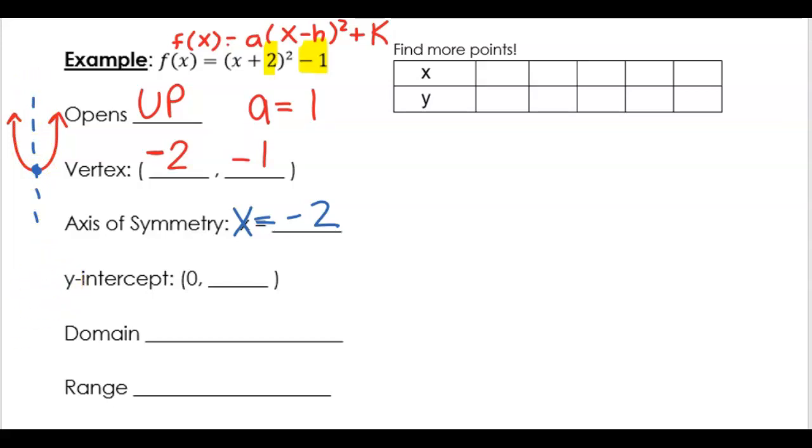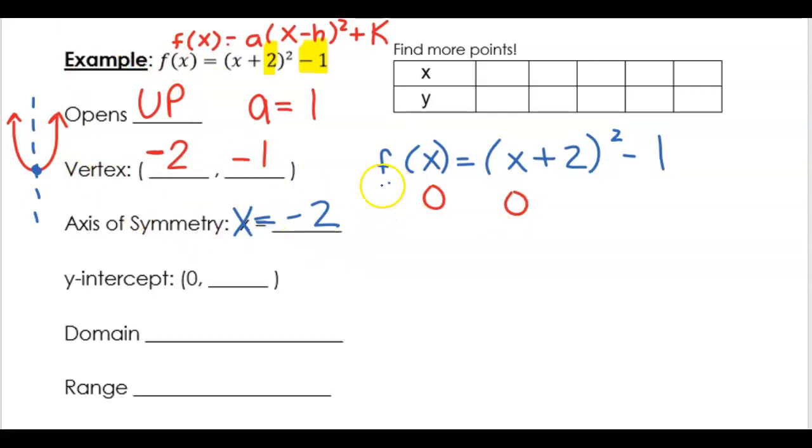How are we going to find a y-intercept? How do we do that? Here is our equation. To find the y-intercept, you substitute a 0 in place of x. It doesn't matter what kind of equation, whether it's a linear equation or a quadratic equation or a cubic equation or an exponential equation or any kind of equation.